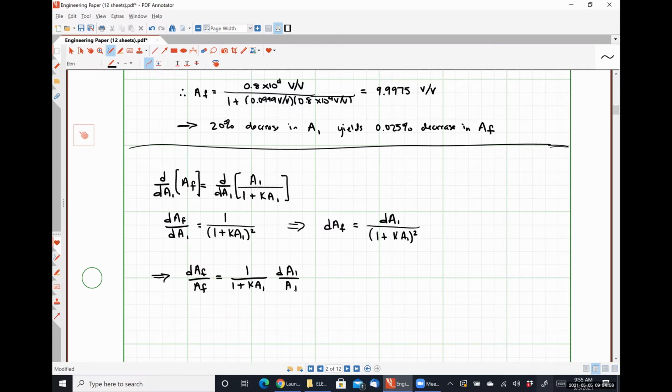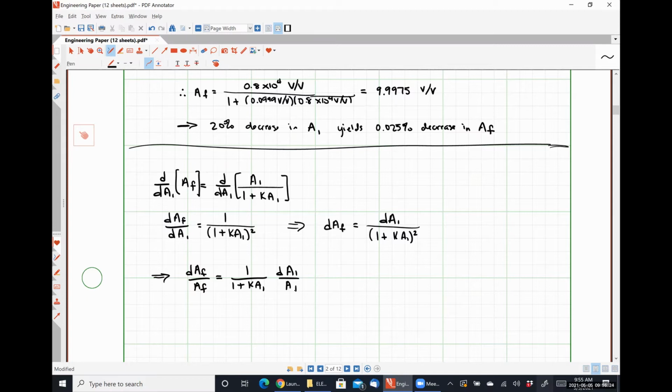So I can see that the factor 1 over 1 plus KA1 represents my desensitivity factor, right? This says the change in the closed loop gain is equal to the change in the open loop gain divided by my amount of feedback. Okay.